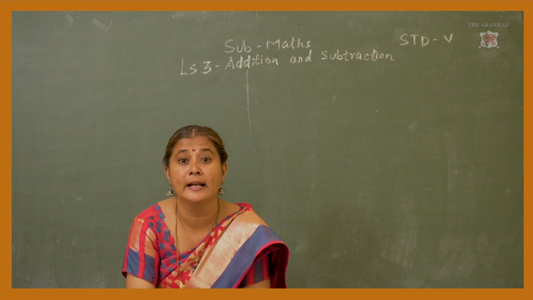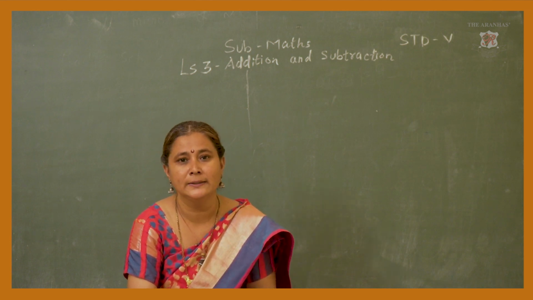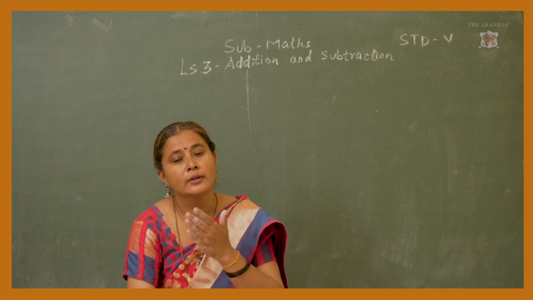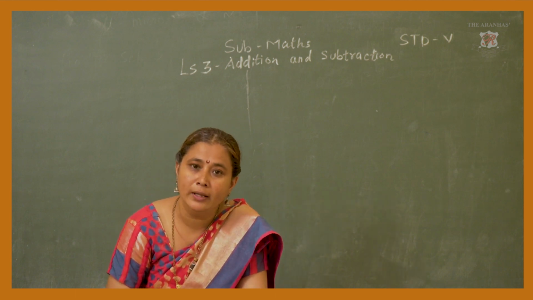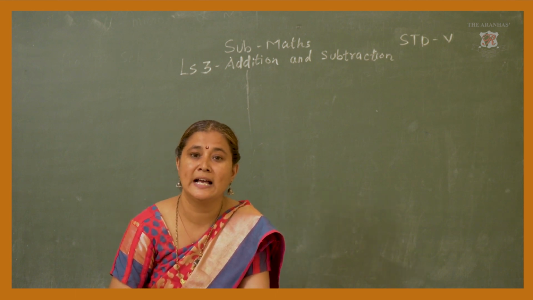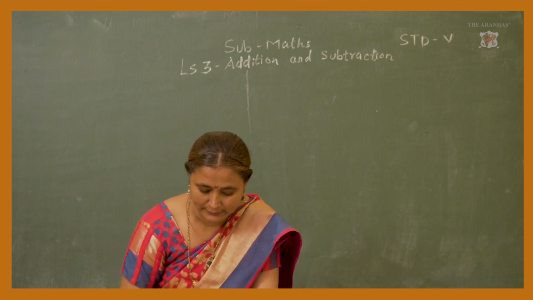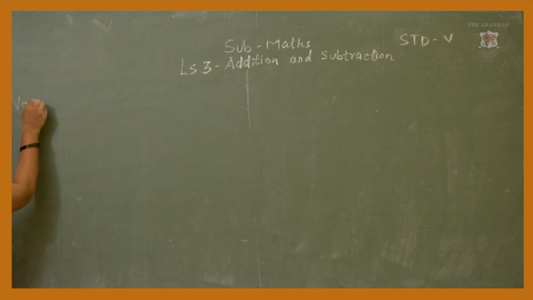The word exceed means you have to compare, and when you compare you have to do subtraction. So from the number of women you have to subtract the number of men, then we will get how many women are more than the men. Okay. So here write the statement, number of women.